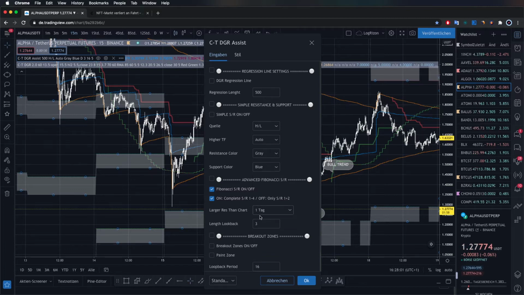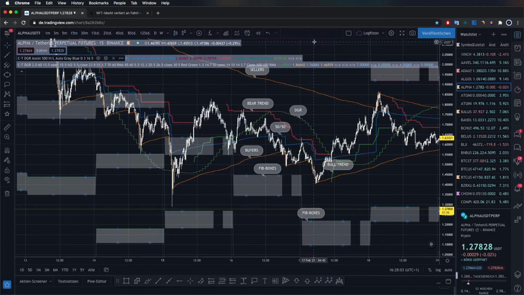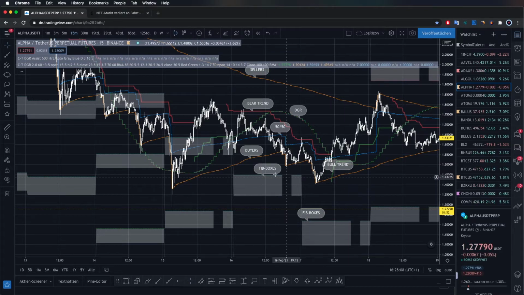I like to have the daily Fibonaccis because they are really solid resistance or solid supports. So I just work with the daily Fibonacci boxes.